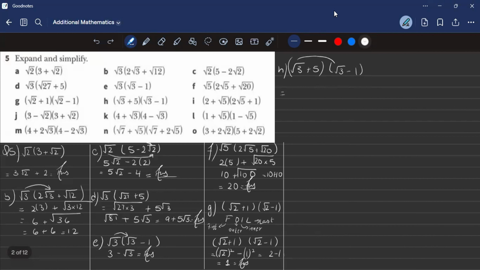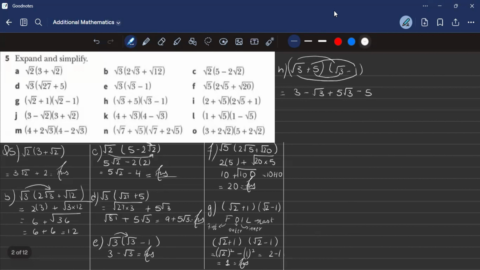First, square root of 3 multiplied by square root of 3 is going to be 3. The outer values of both brackets: square root of 3 multiplied by negative 1, is going to be negative square root of 3. Now the inner values, plus 5 square root of 3. And now the last value, which is negative 5.